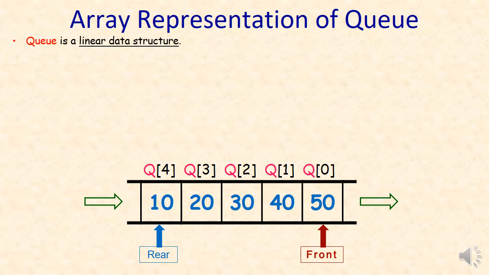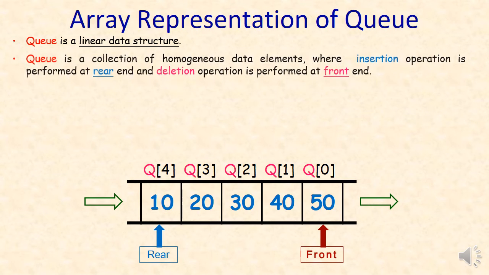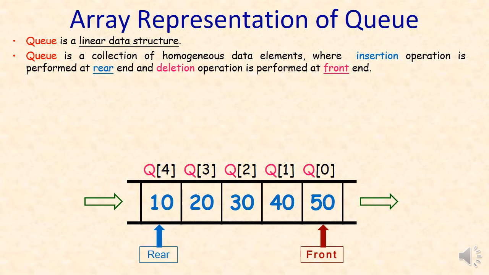Those who do not have an idea about the basic definition of queue, please listen to this. Queue is a linear data structure, and we perform two operations on a queue. One is insertion and another one is deletion. Insertion can be done from rear, deletion can be done from front.